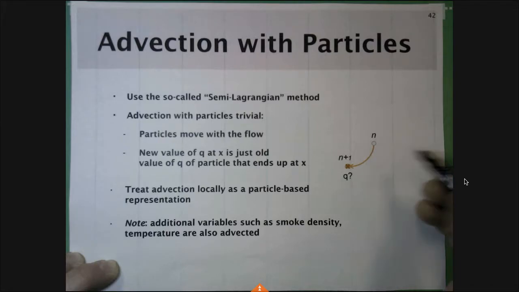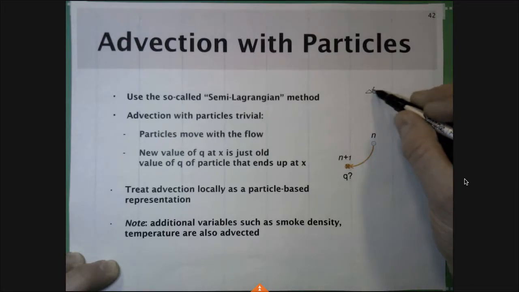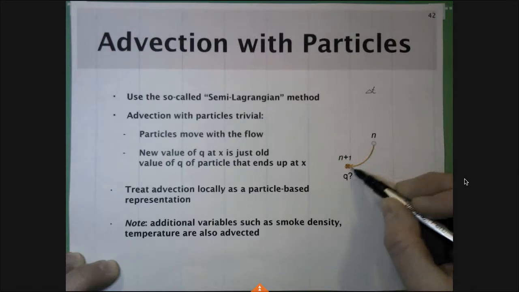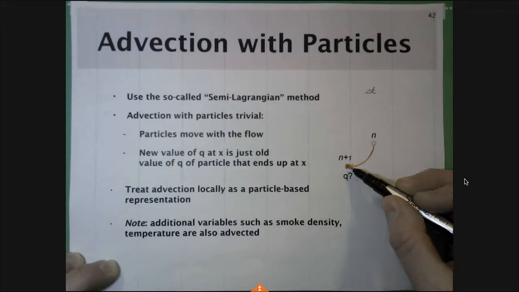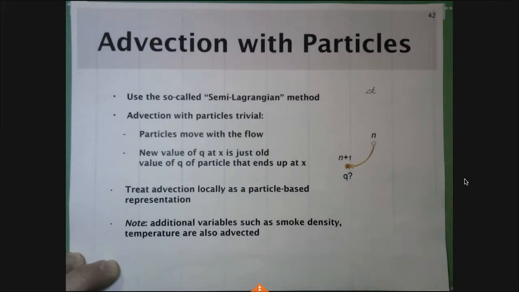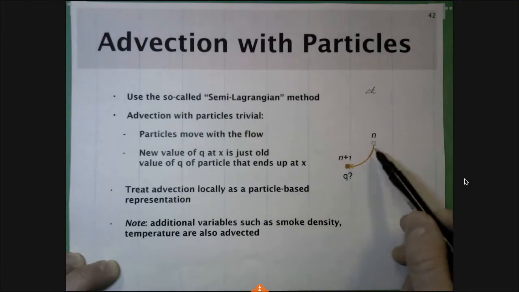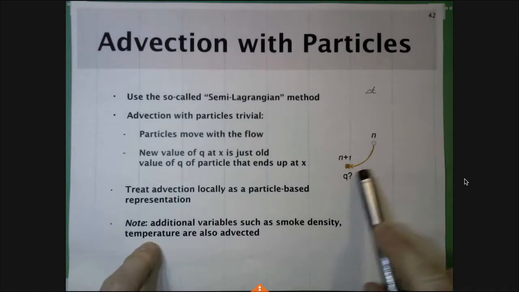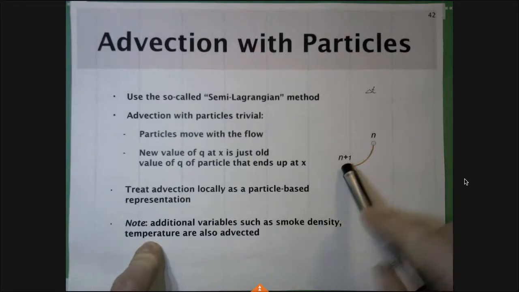Because if you have a time step delta t, all we need to find out is which particle will arrive at my point in the time delta t, right? And then whatever value that particle has, that's what I will copy there. That's really the idea of advection. So for a second, you assume that these are particles, you trace them back, and then you copy the value.